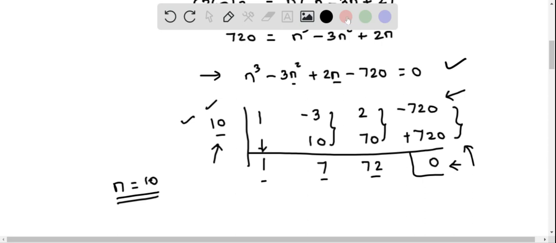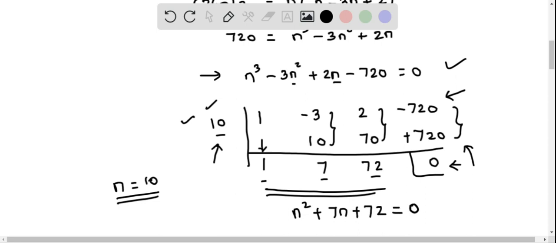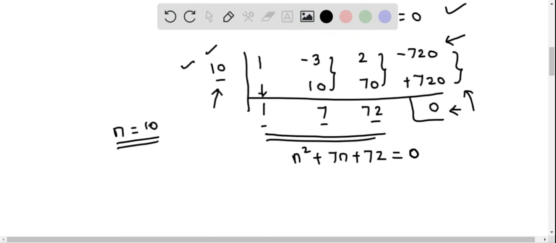And this is the only possible value of n for this equation, because the remaining part, if we write it as an equation, is n squared plus 7n plus 72 equals 0. This is a quadratic equation, but it does not have a real solution.